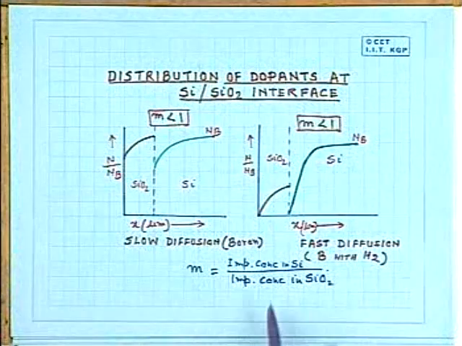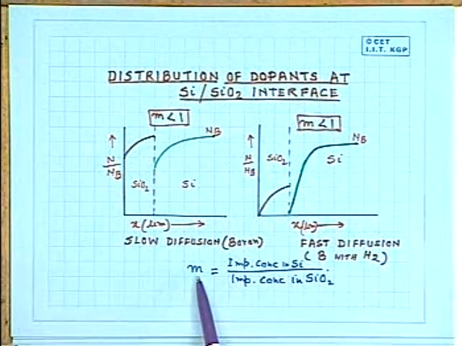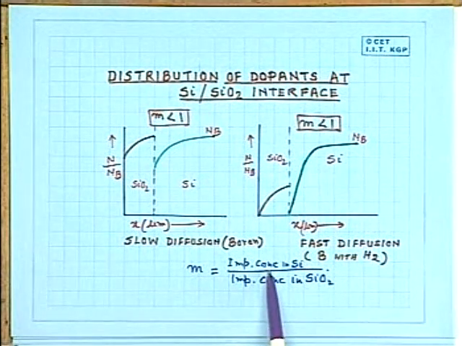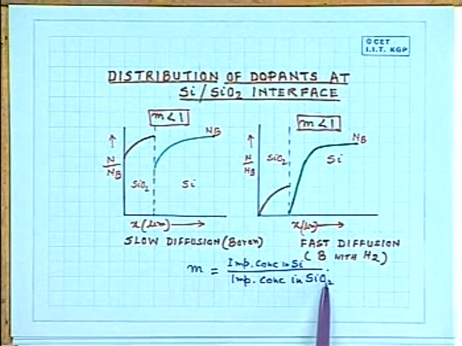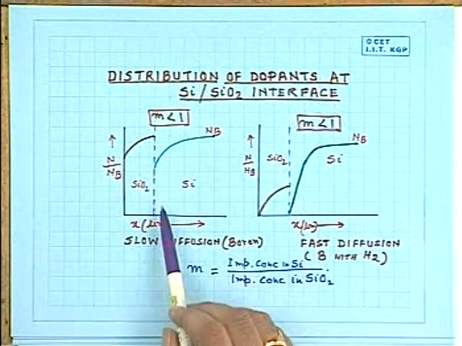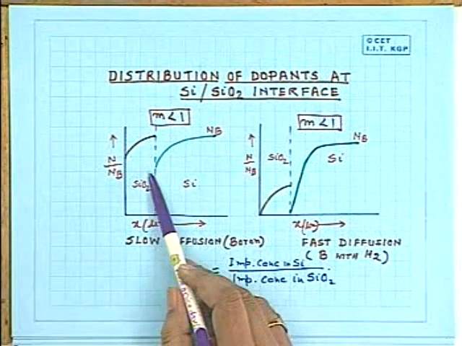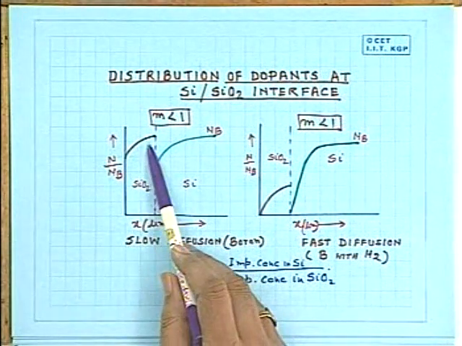And here one term is important, which is known as the segregation coefficient. Segregation coefficient M is equal to impurity concentration in silicon divided by impurity concentration in silicon dioxide. Now, here this is the silicon layer and this is the silicon dioxide layer, and the dotted line is the interface.